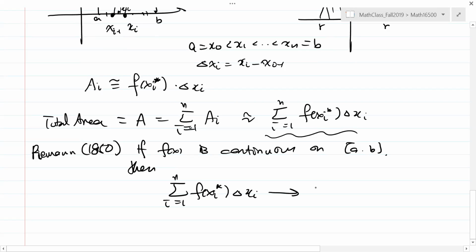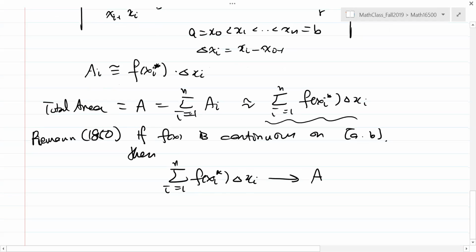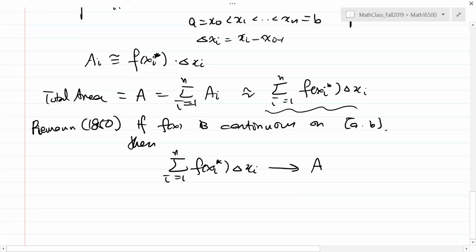That number we call the area of the region, as all the delta xi approach 0. When the subintervals are getting smaller and smaller, uniformly.